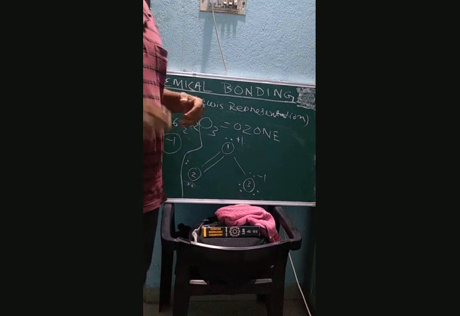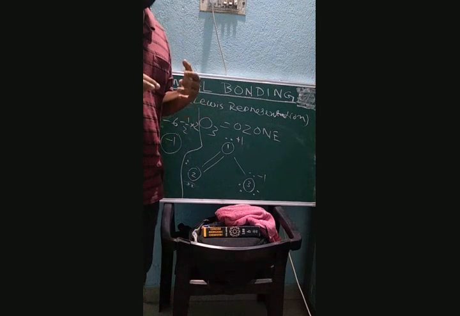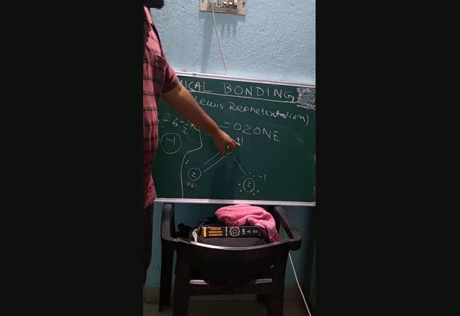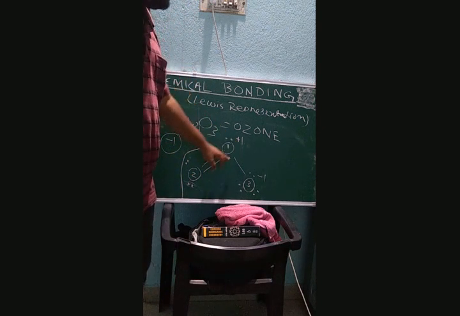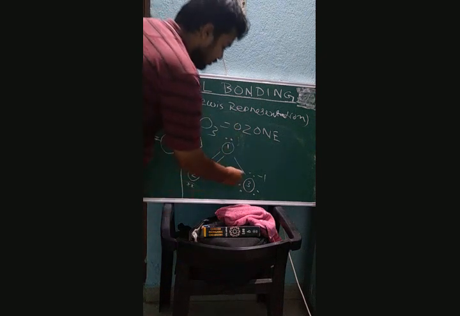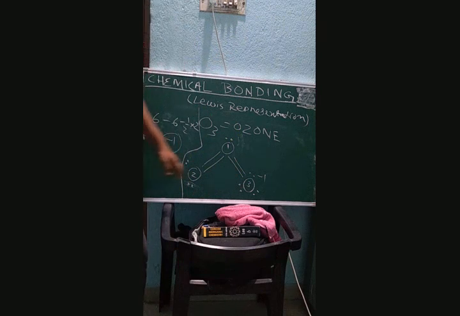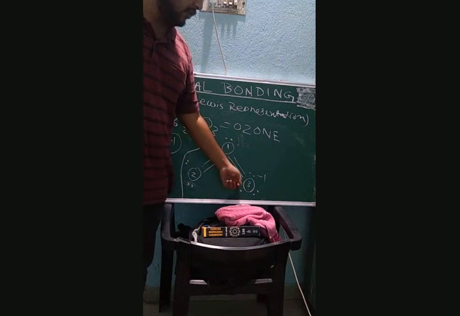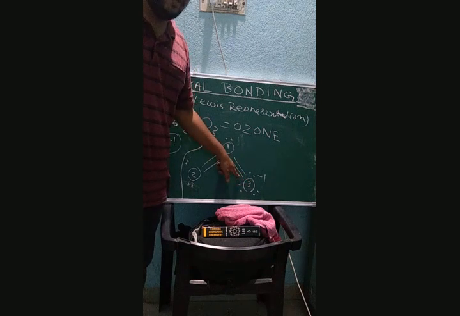So all the time we have to maintain that the formal charge should be minimum and the octet should be complete. If I draw one more bond here, there is a greater number of electrons present in this oxygen. There are now 10 electrons.